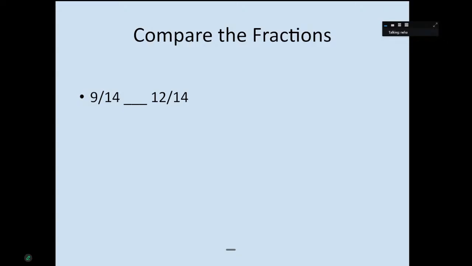Here we have 12 and 9, and 12 is greater than 9, so 12/14 is greater. In this comparison, you can tell that 13 is greater than 5, which means that 13/16 is greater than 5/16.